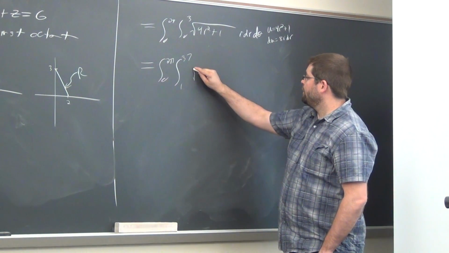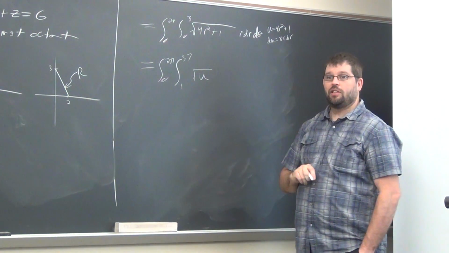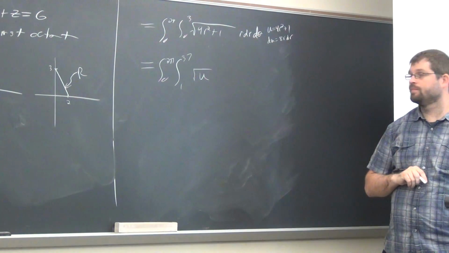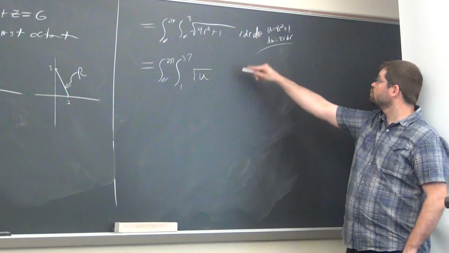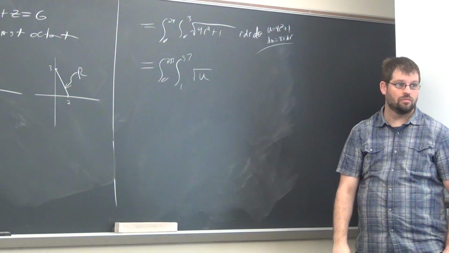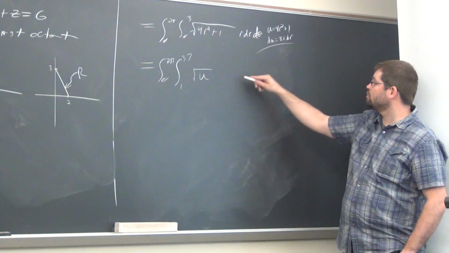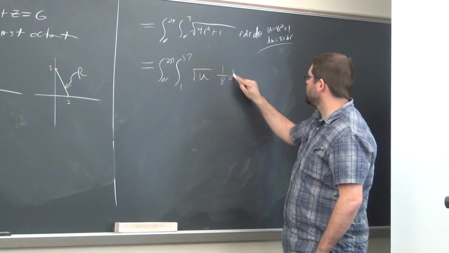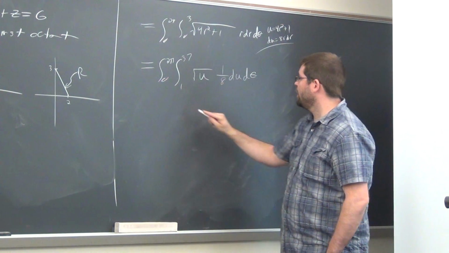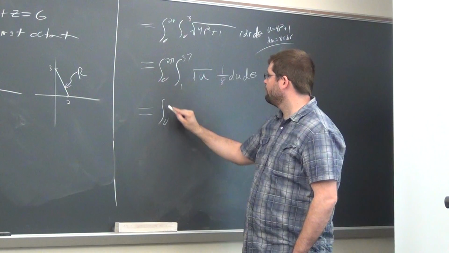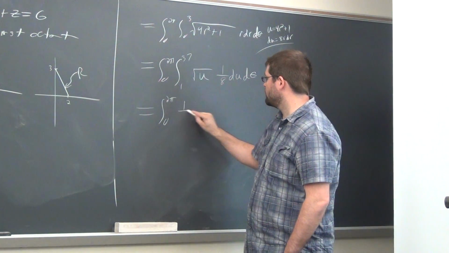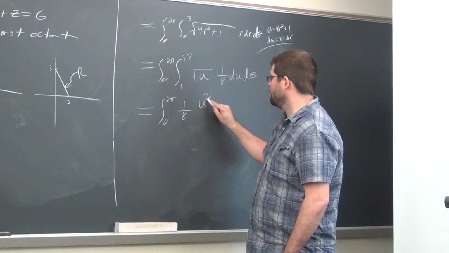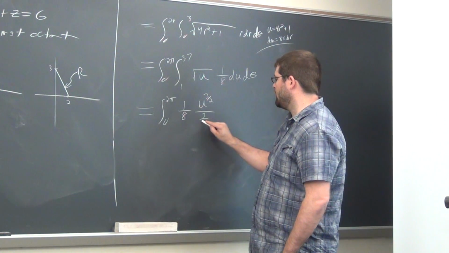We made that u, so we get square root of u, and then the r dr becomes 1/8 du d theta, so we end up with 0 to 2 pi, so that's u to the 1/2, you add 1, so 1/8 u to the 3/2 divided by 3/2.